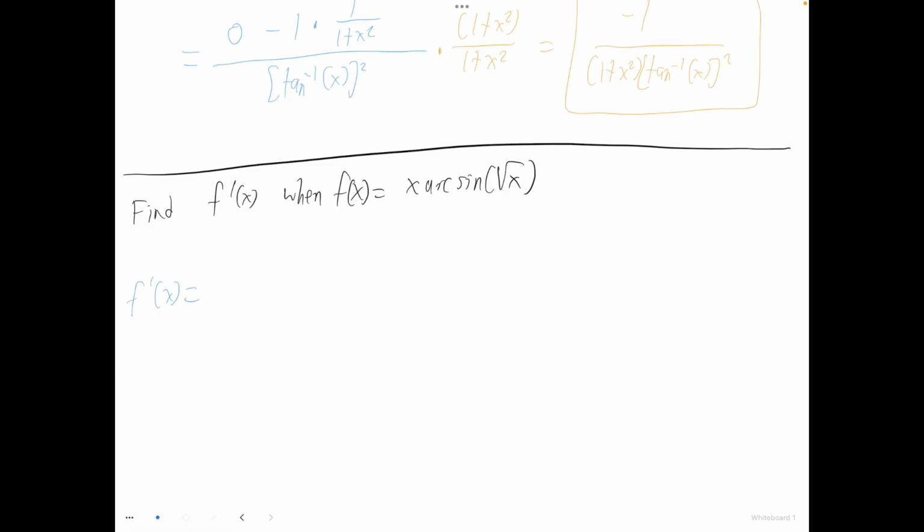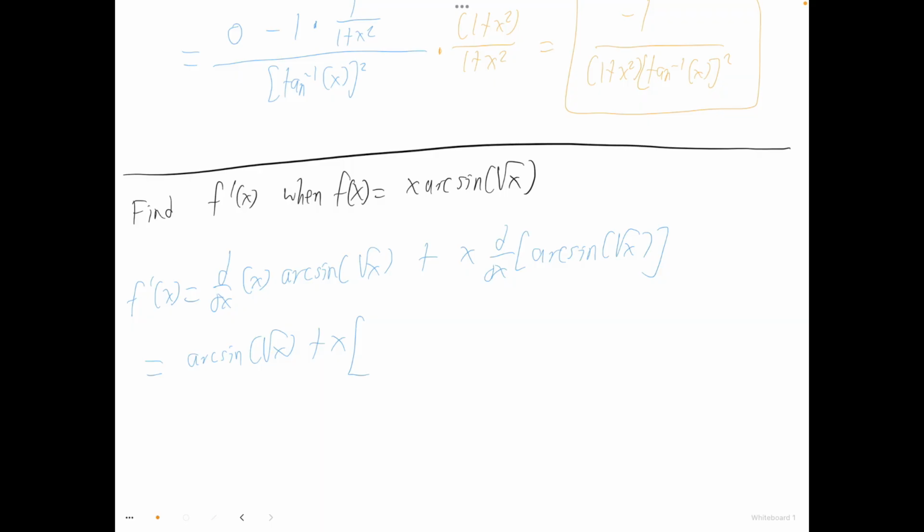So the derivative of this function will be the derivative of the first thing, which is x, times the second thing, which is arc sine of the square root of x, plus the first thing times the derivative of the second thing. The derivative of x is 1, so we're going to get 1 times arc sine of the square root of x, plus x times the derivative of arc sine of the square root of x.